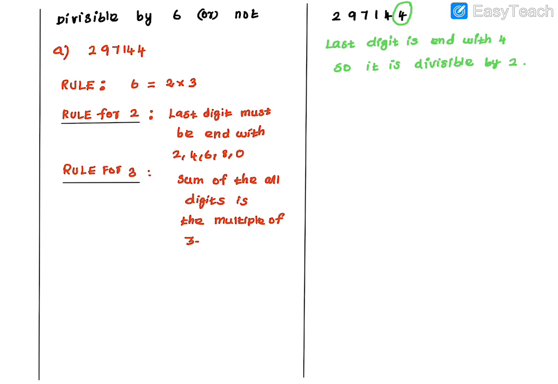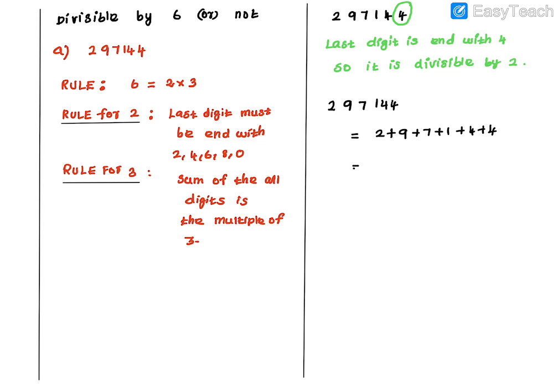Next, we have to check divisibility by 3. What is the rule for divisibility by 3? We have to add all the digits. Am I right? The sum of all the digits. So for 2,97,144 we write 2 plus 9 plus 7 plus 1 plus 4 plus 4.